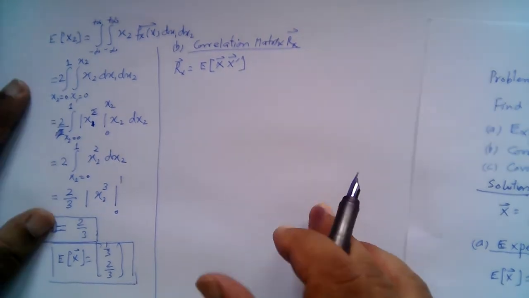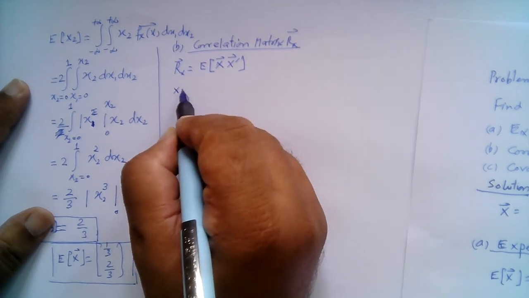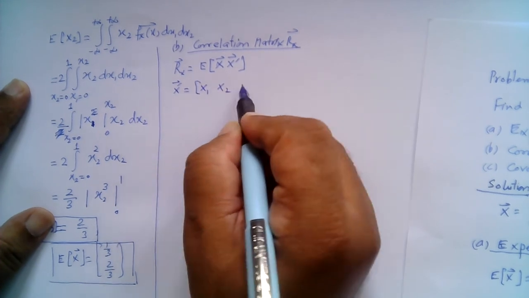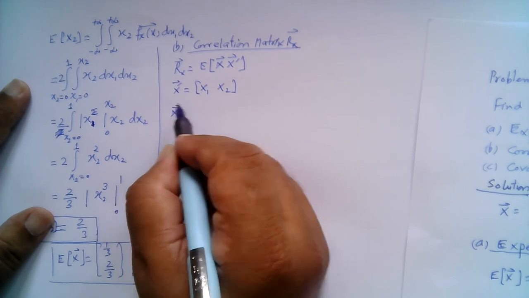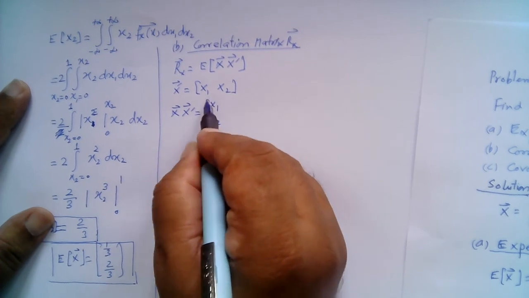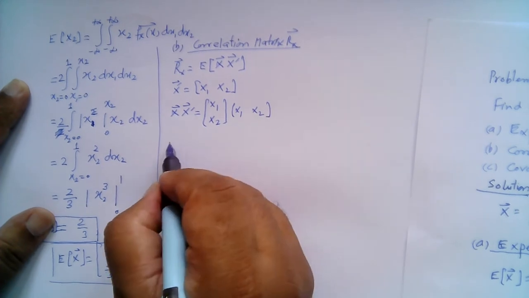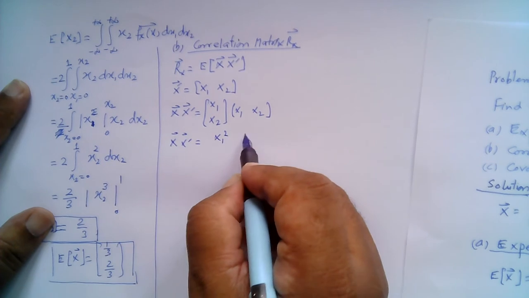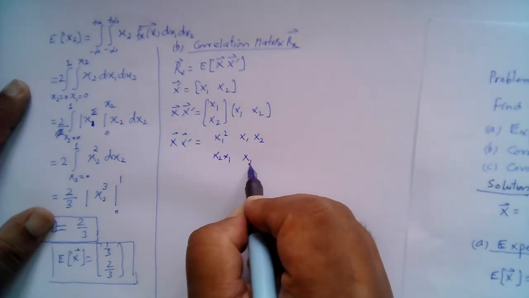So x dash bar is basically the row vector x1 x2. So x bar x dash bar will be equal to this column vector x1 x2 multiplied by this row vector here, and this will result in x1 square here, x1 x2 here, x2 x1 here, and x2 square here, right?